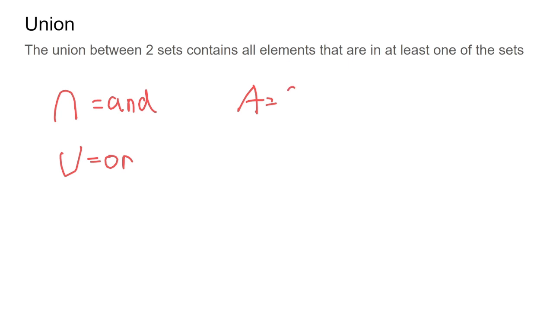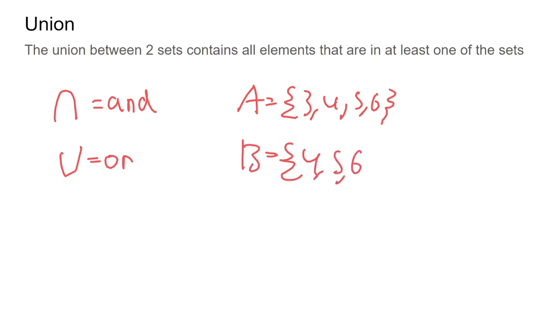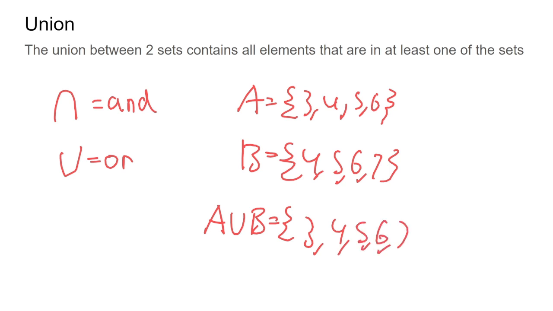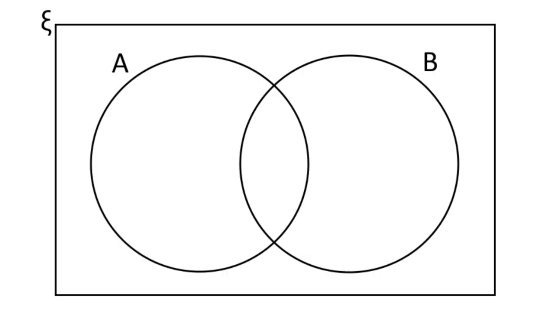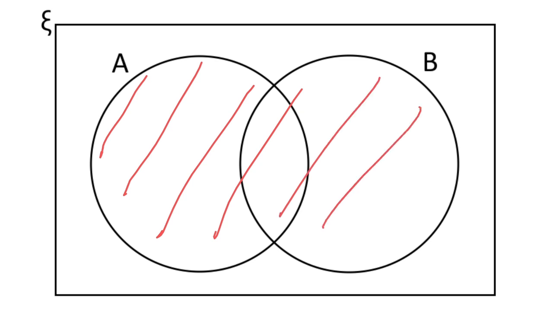So if we have the same situation here, where A is 3, 4, 5, 6, and B is 4, 5, 6, 7, A union B would be any element that's in either A or B. So 3 is in A, 4, 5, 6 obviously, and then 7 because it's in B. Even though 3 is only in A and 7 is only in B, they still count in A union B because they're in at least one of them. That can be shown on a Venn diagram by shading the whole of the two circles here.